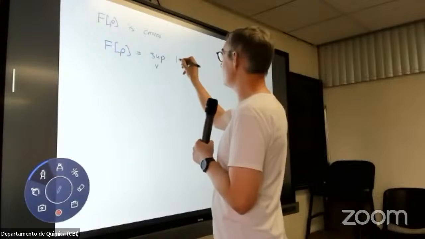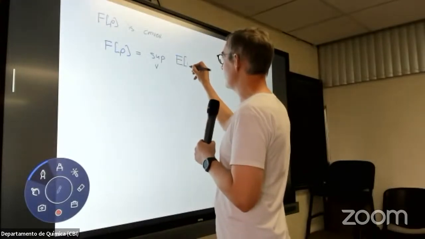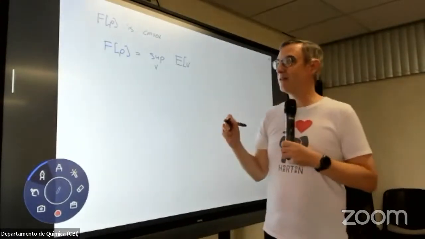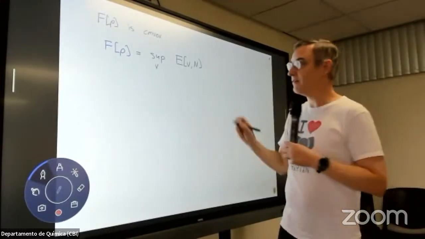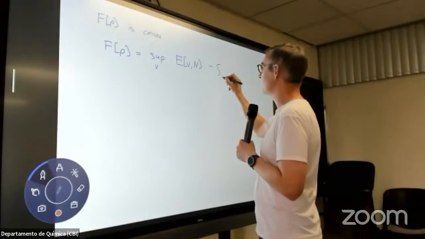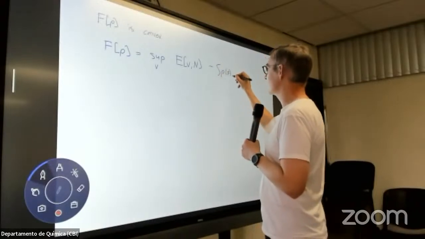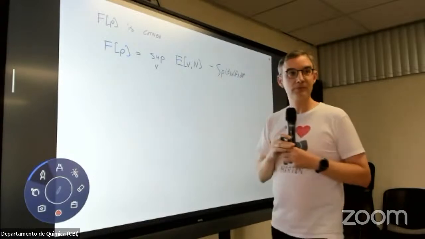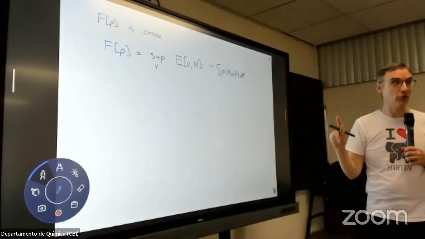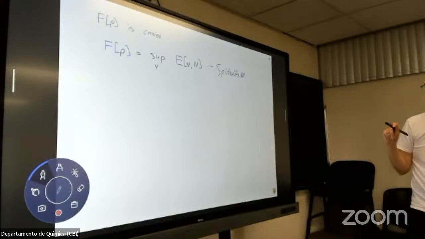You're going to take the energy associated with that variable for a given number of electrons, and then you're going to subtract off the linear part. So that's the generic way that this works.